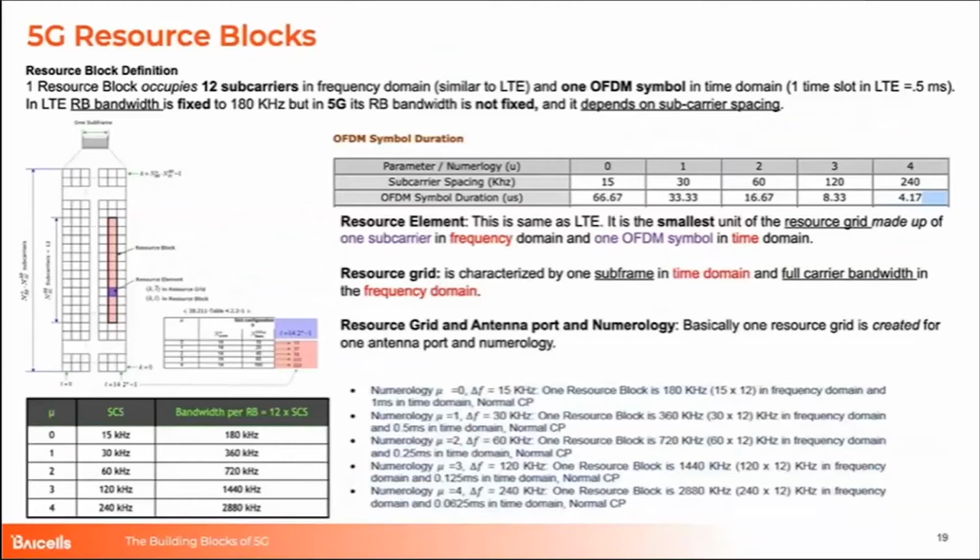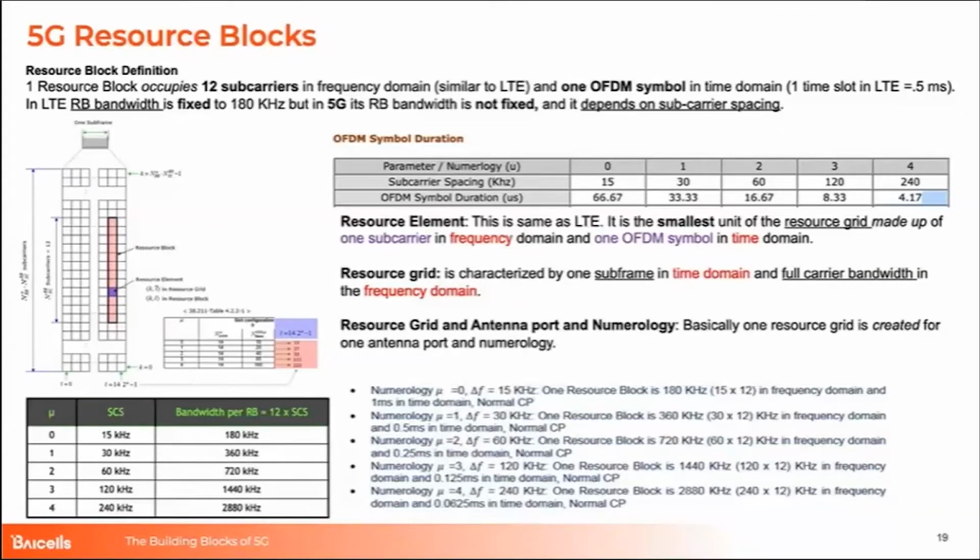Another fundamental here is the 5G resource blocks. This is the subframe right here. This is a resource block. And the smallest representation is called the resource element. This is where the actual OFDM symbols are embedded. If you remember, I was talking about numerology 0, 1, 2, 3, 4.